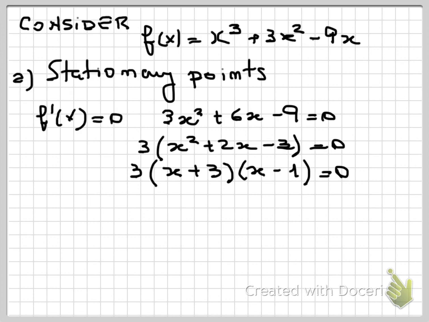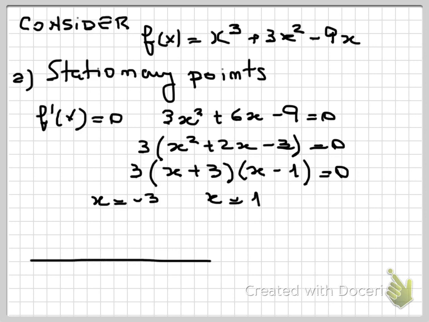Because if we add 3 plus negative 1, we get 2, and if we multiply them, we get negative 3. So this way is very easy to find the stationary points. They are going to be x equals negative 3 and x equals 1.